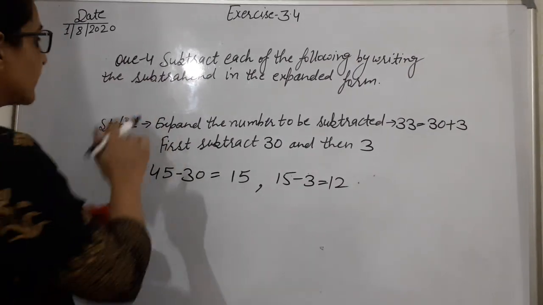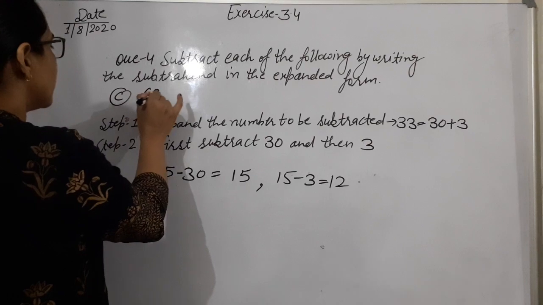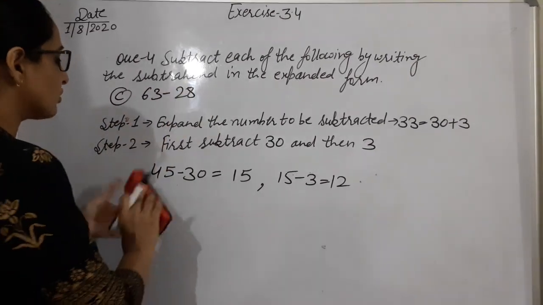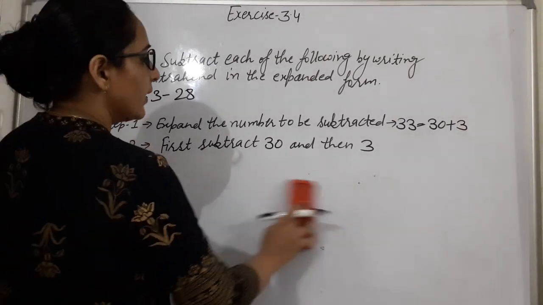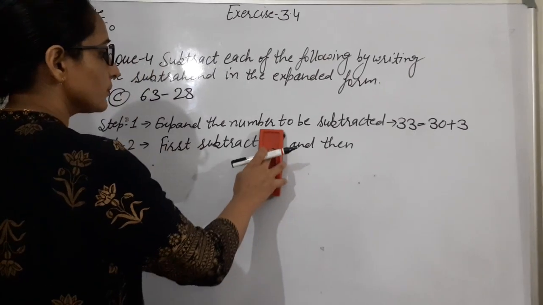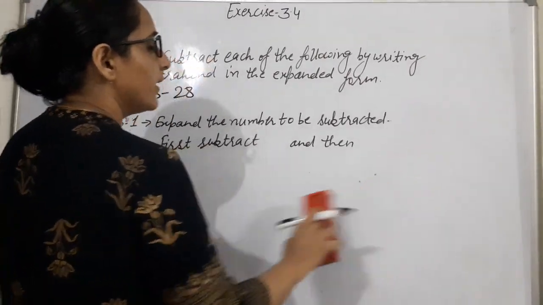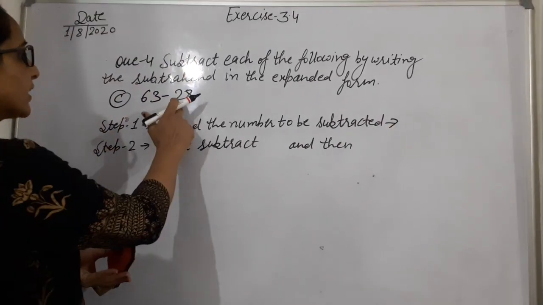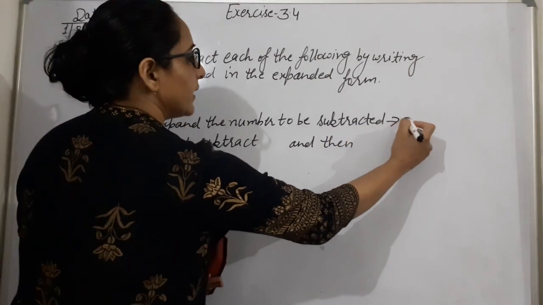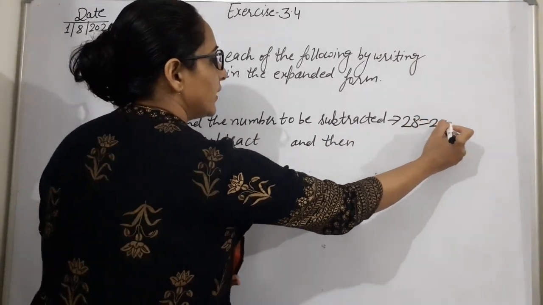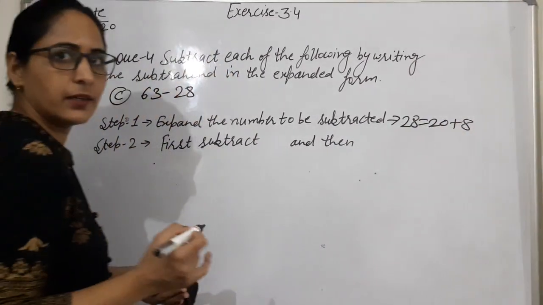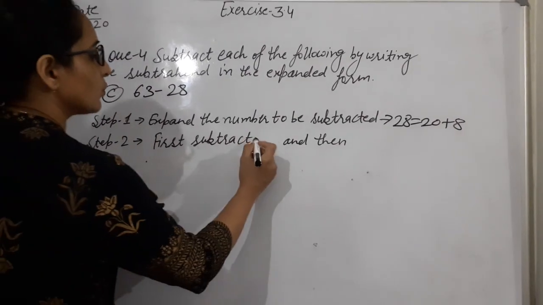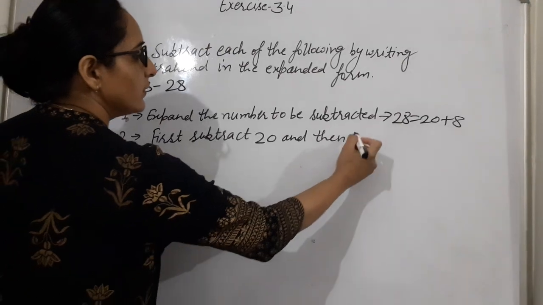Now part number C is 63 minus 28. Clear? 63 minus 28. Okay. So first we write the smaller number, the number which we are subtracting, in expanded form. So 28, how do we write it? 20 plus 8. Clear? Now second step: first subtract 20 and then 8.